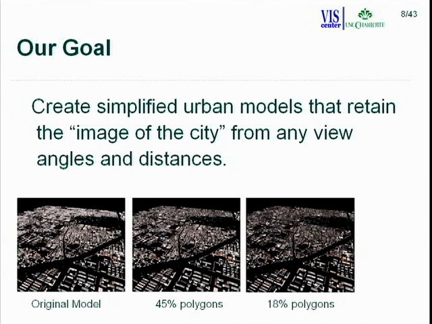But the important thing to note is that the important features in the city are retained. For example, the road here is still kept. The city square area is kept. And you pretty much still get the sense that this is the same city that you're looking at, even though there's only 18% of the polygons in the scene.